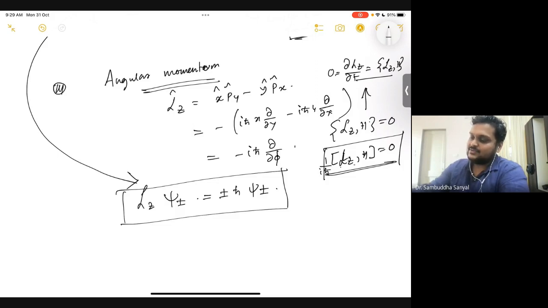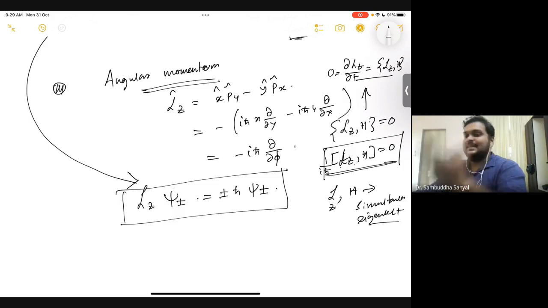And if this is true, then Lz and H must have simultaneous eigenstates. I will do these things much more formally later, but let's just say what is my line of thinking: why did I think of Lz and why did I try to check what is the Lz wave function.